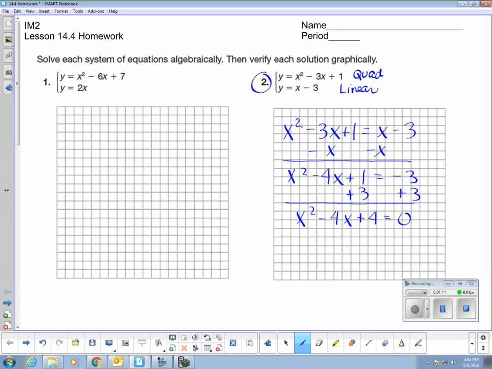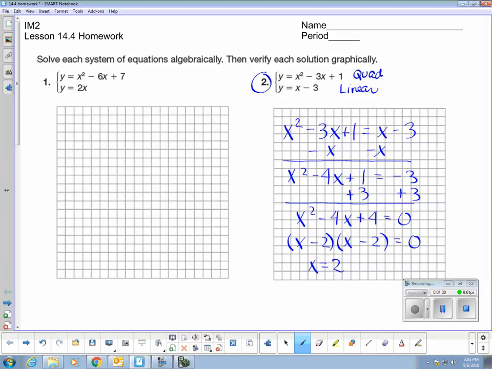I'm going to factor x squared minus 4x plus 4 to find the solutions or roots. Therefore, x is equal to 2.